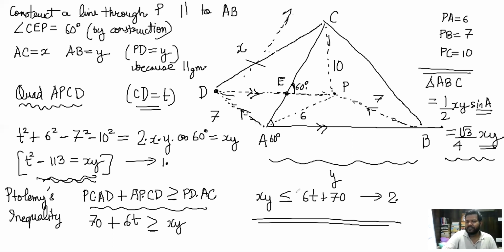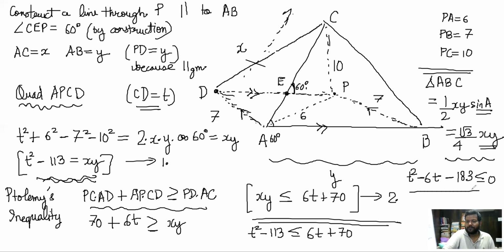So now it is fairly straightforward, and I can convert 1 and 2 into a quadratic in T. So quadratic inequality, because what I will do is I will replace XY with t square minus 113 from 1, which is less than or equal to 6T plus 70 from 2, right? So the inequality becomes t square minus 6T minus 183 is less than or equal to 0, right?